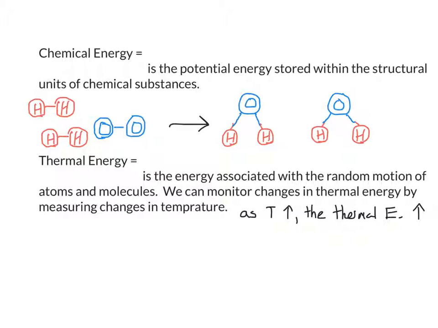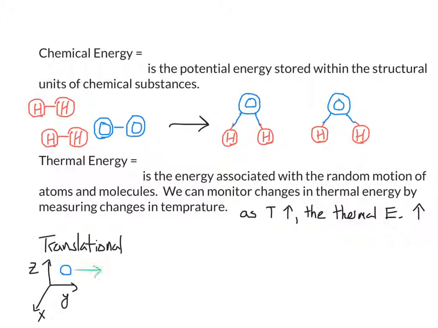Let's remind ourselves, how do atoms and molecules move? How is this thermal energy partitioned within the different modes of motion available to molecules? Molecules can move in three different ways. Translational, that's where they move in X, Y, and Z, so they translate or move in three-dimensional space.